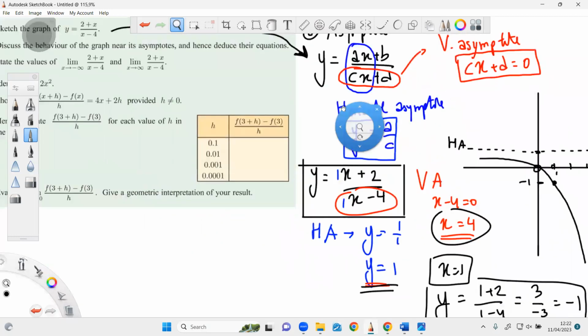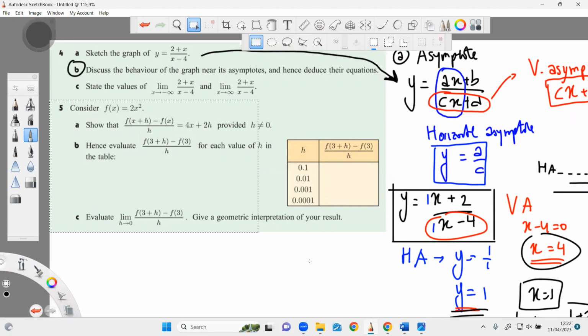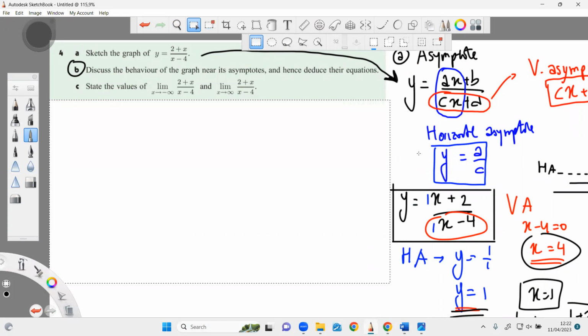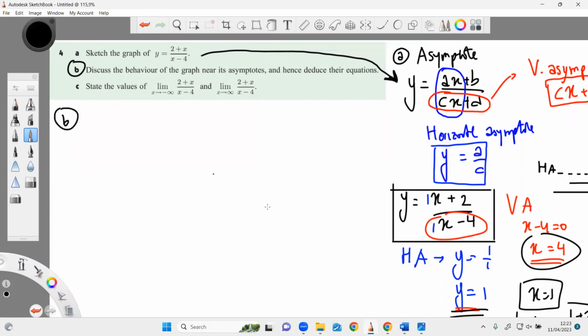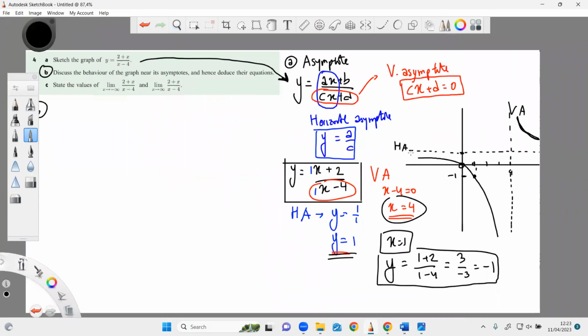Then we can discuss the behavior of the graph in part B. I think I better delete 5. Then you can go to 4 B. As it is seen on your graph, when it is near to the asymptote, it will never touch the asymptote.